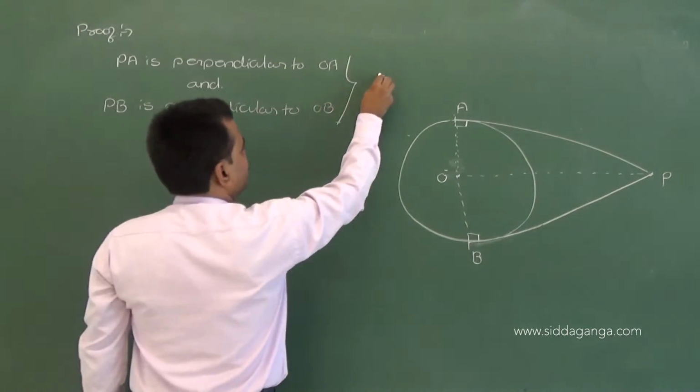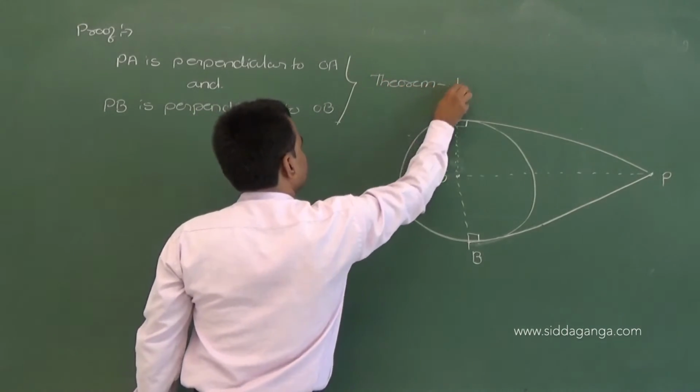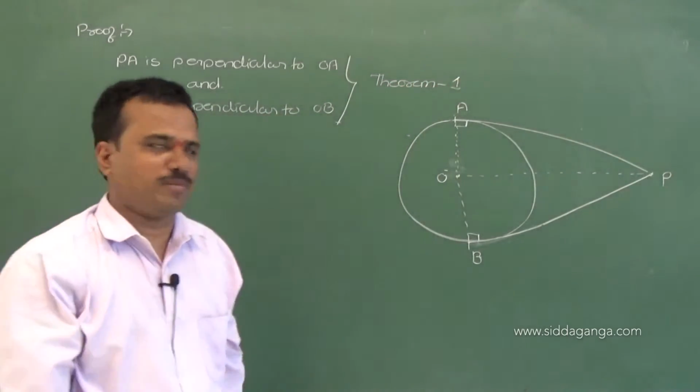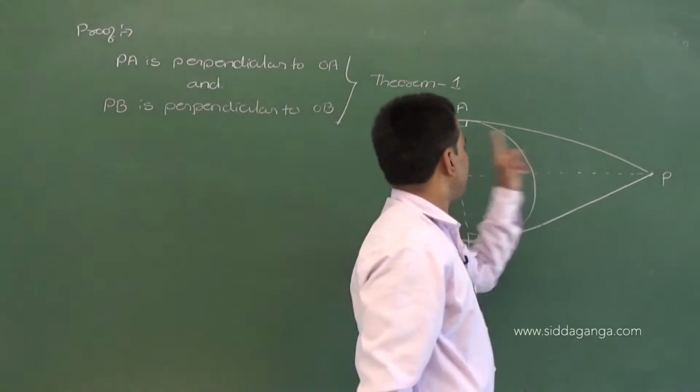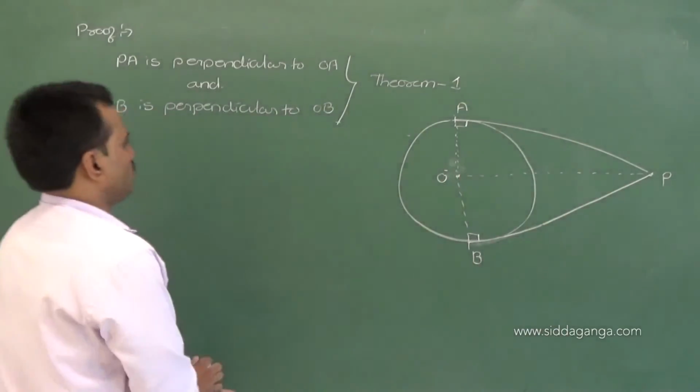These two are by theorem 1. Just now we discussed, correct? By theorem 1, PA is perpendicular to OA, PB is perpendicular to OB.